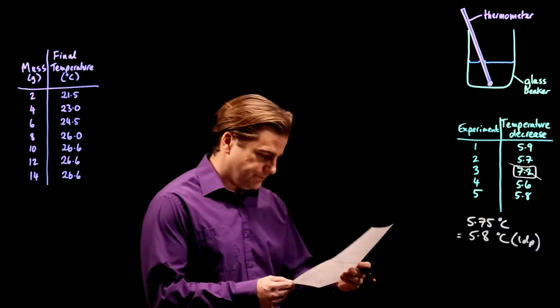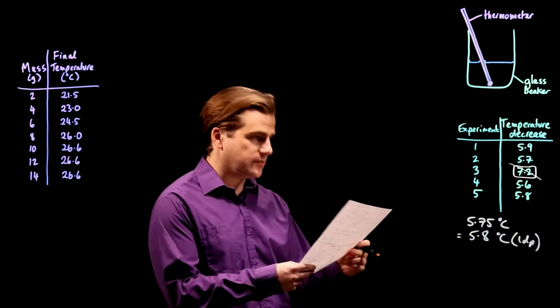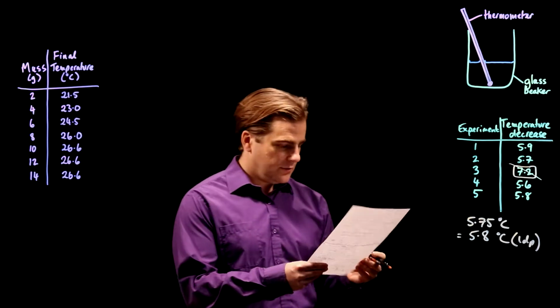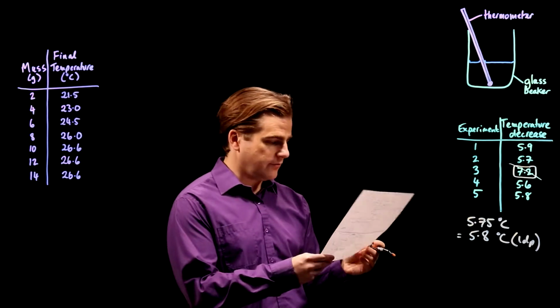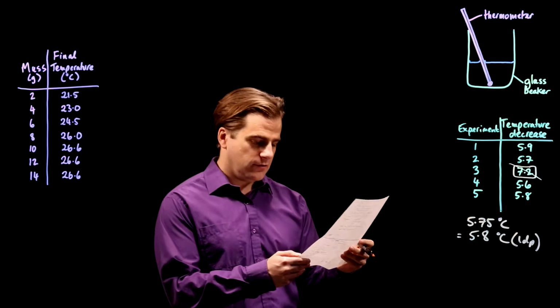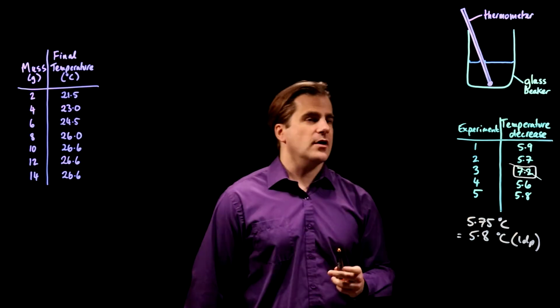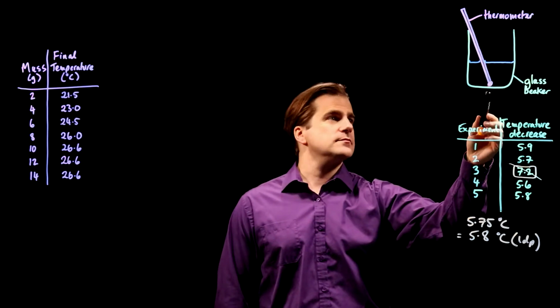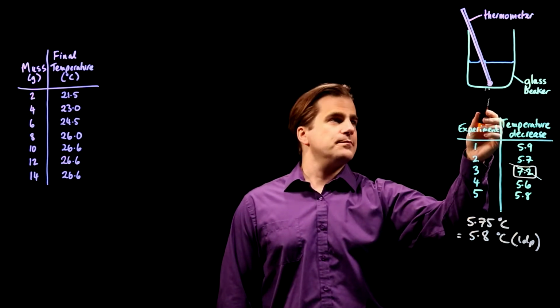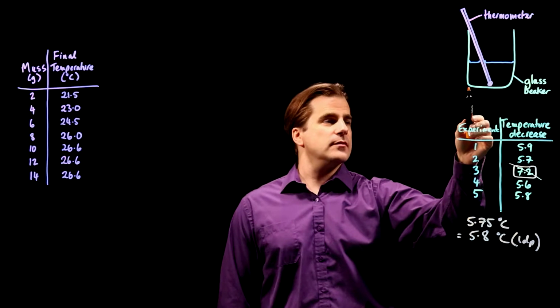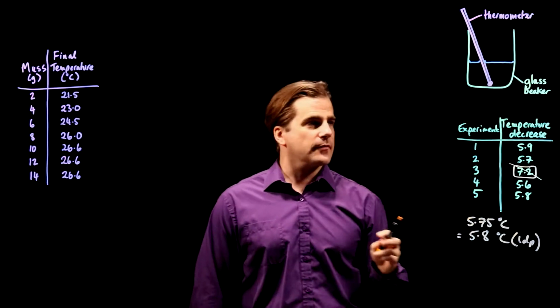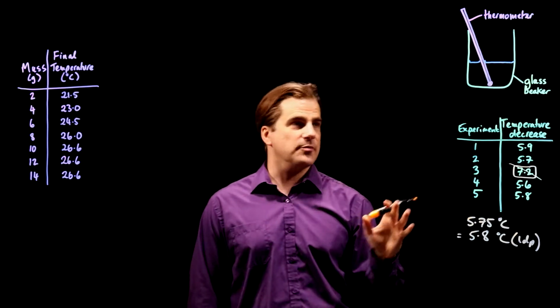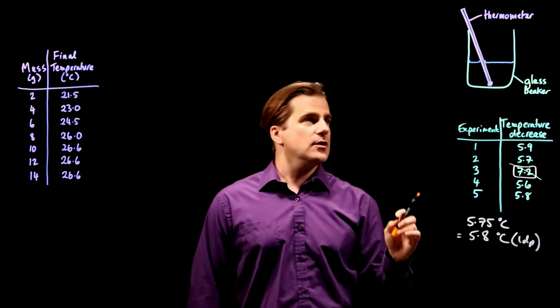Right, suggest one change to this apparatus which would improve the accuracy of the results and give a reason for 2 marks. Right, the beaker's made of glass, so we can improve the thermal insulation properties of the container.